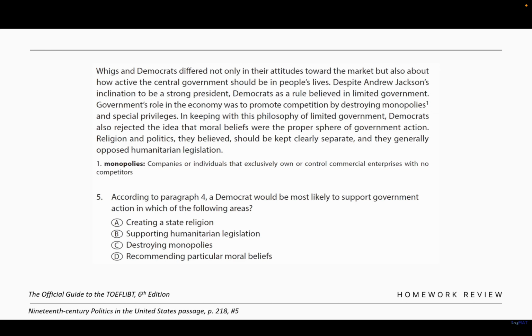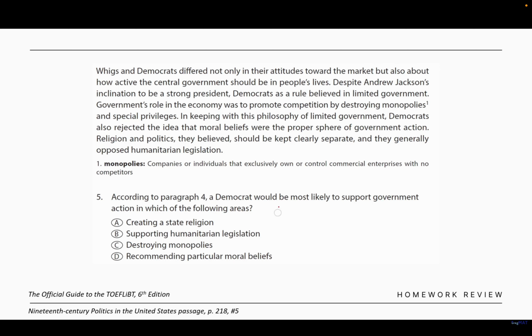A Democrat would be most likely to support government action in which of the following. So, the Democrats would be inclined to help the following action.